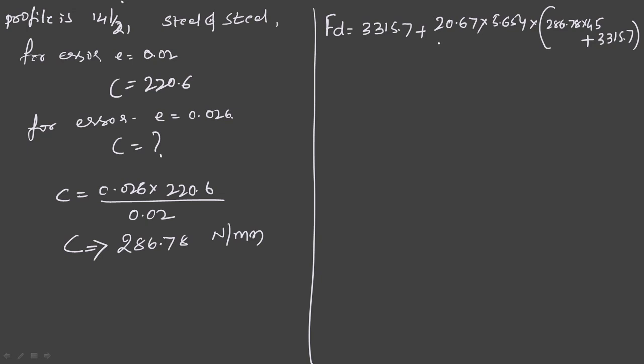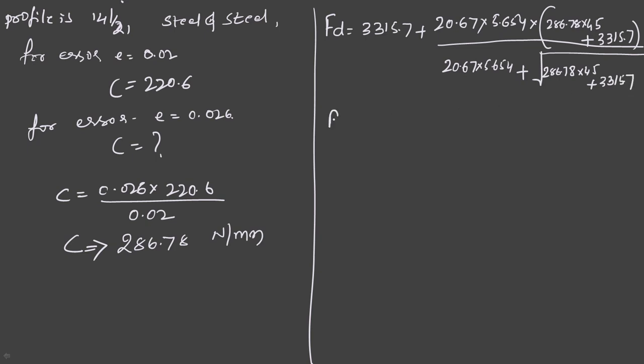The division applies only to this term, not the entire term: 20.67 into 5.654 plus the square root of 286.78 into 45 plus 3315.7. Now you find the value of FD.